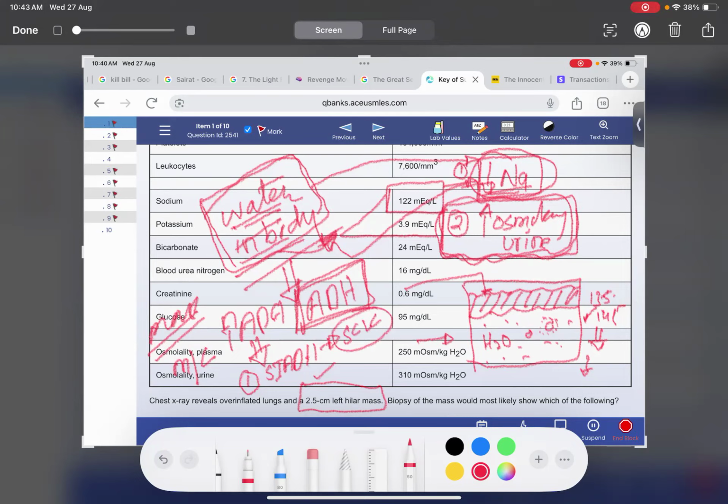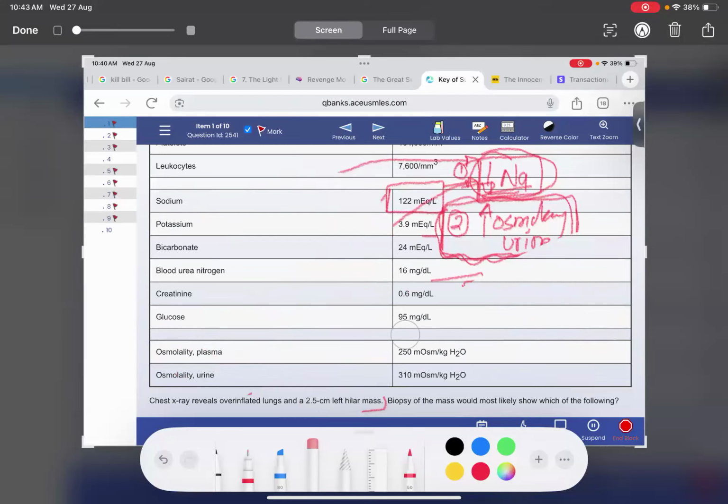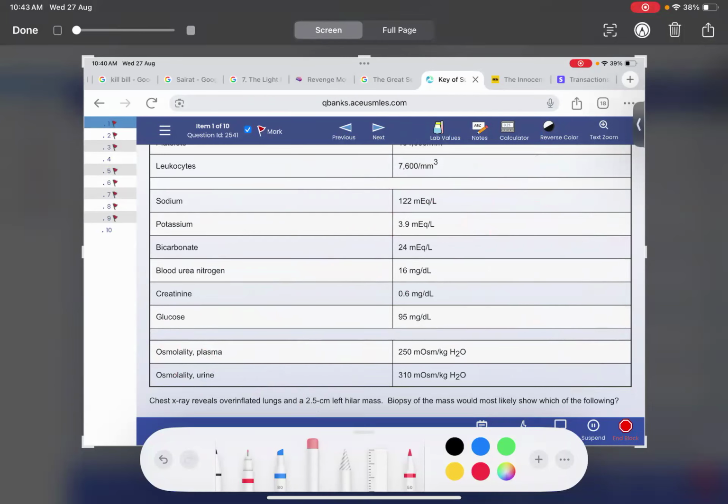I want to cover one more important high-yield concept: the differentiating points between the different types of tumors in the lung. There are basically four important tumors occurring in lung tissue. The most important and highest in incidence is adenocarcinoma. Number one, adenocarcinoma: there will be a high number of glands on biopsy.